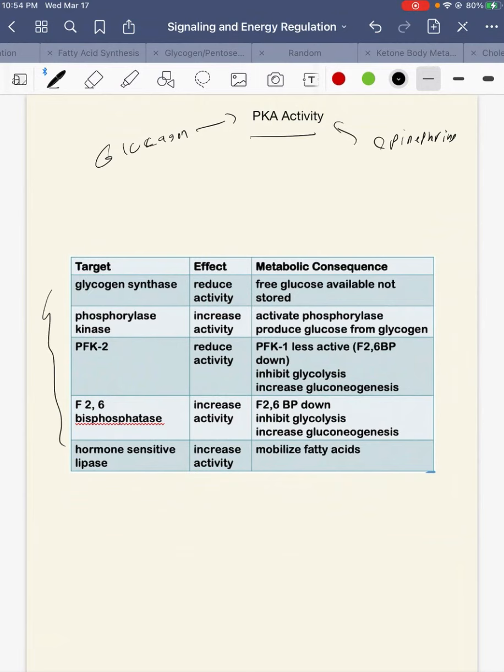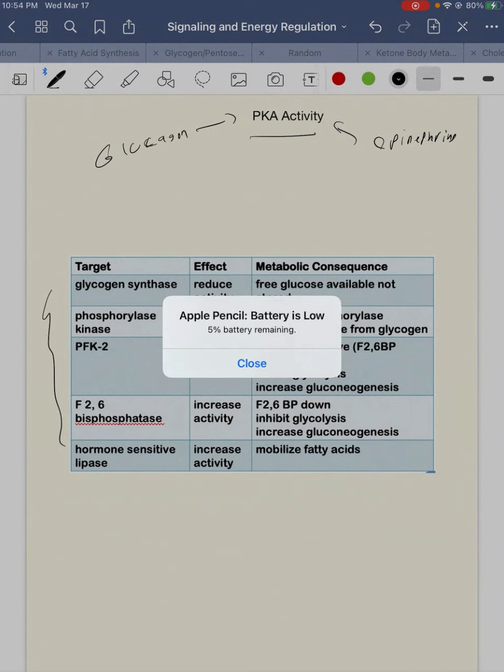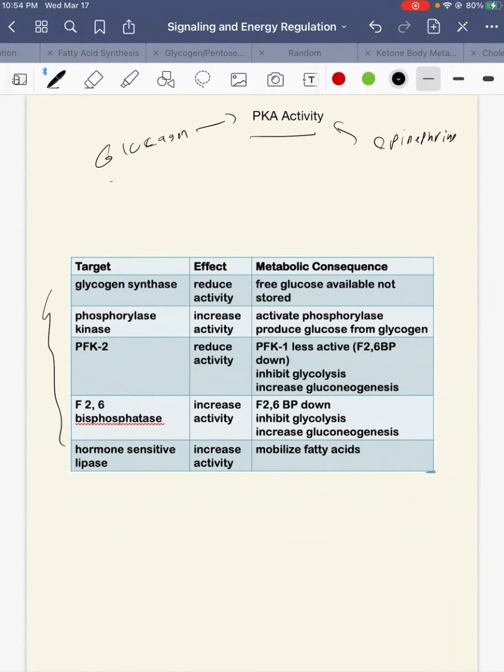So remember, this is telling the cell that we're in low blood glucose levels, right? So what things do we want to run? We probably want to run gluconeogenesis. We probably don't want to run fatty acid synthesis. We want to run beta oxidation.